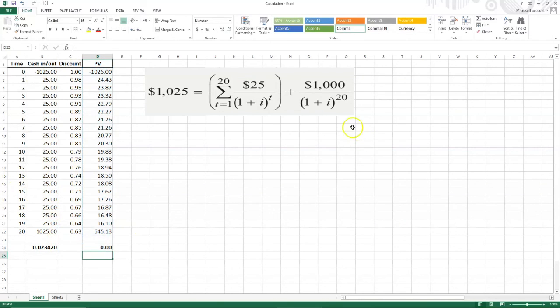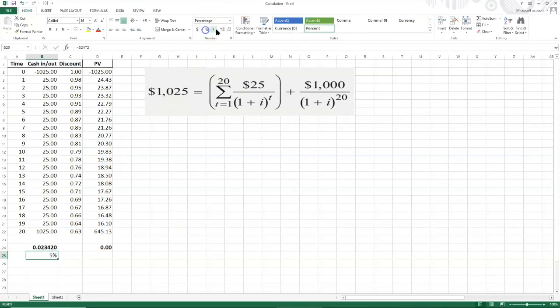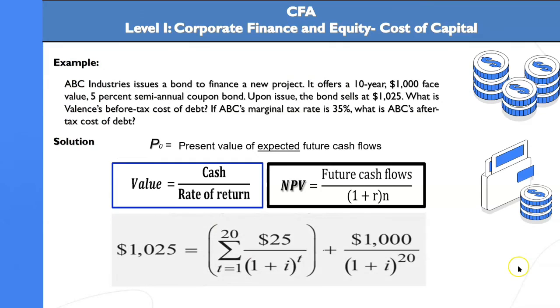Is this true? Yes, it is 0. That means this is the semi-annual rate, so we need the annual yield to maturity too. That means this is 4.6 8 4. As we have just calculated on the Excel sheet, the answer is the annual yield to maturity is 4.6 8 4.